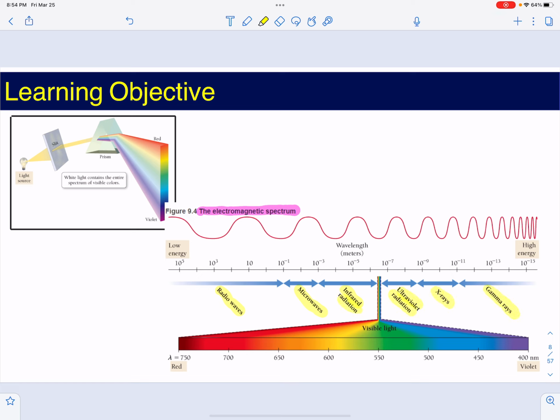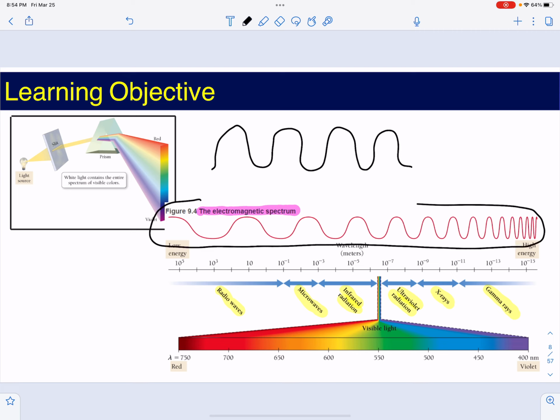And like I told you before, light tends to travel as a wave, right? So this is what we're seeing here. And we see that over here, they're very close together. And then they begin to separate. By the time we get here, the separation is really big.